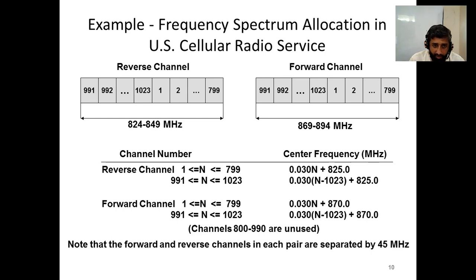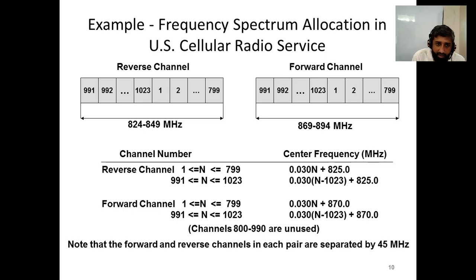So the reverse channel number 991, which starts from 824 megahertz, is where it transmits. It's a reverse channel, and for the corresponding forward channel, the transmission frequency was decided as 869 megahertz.